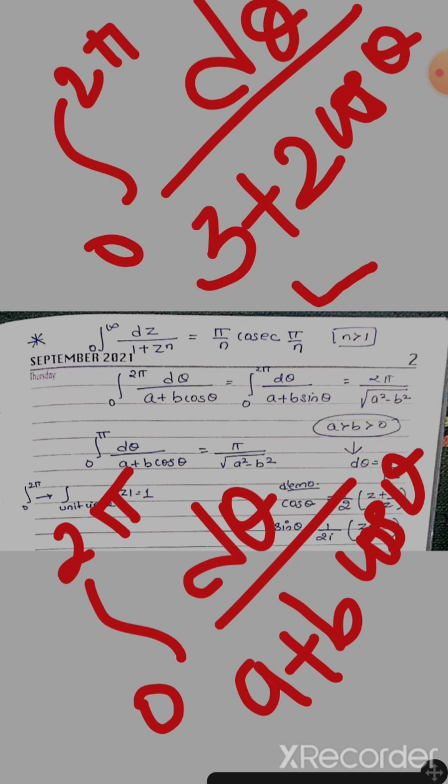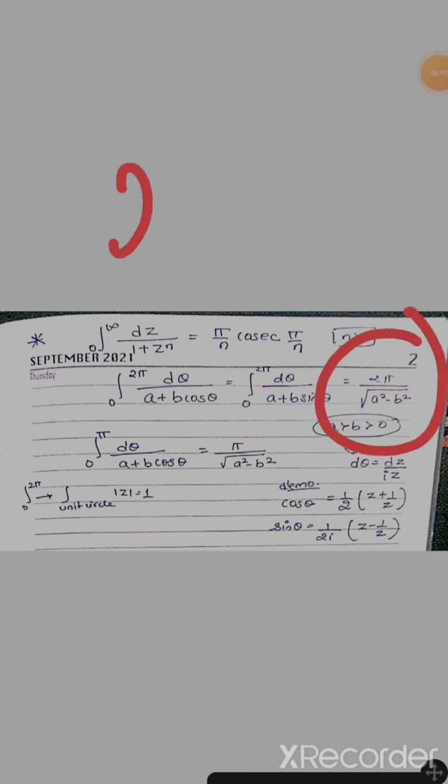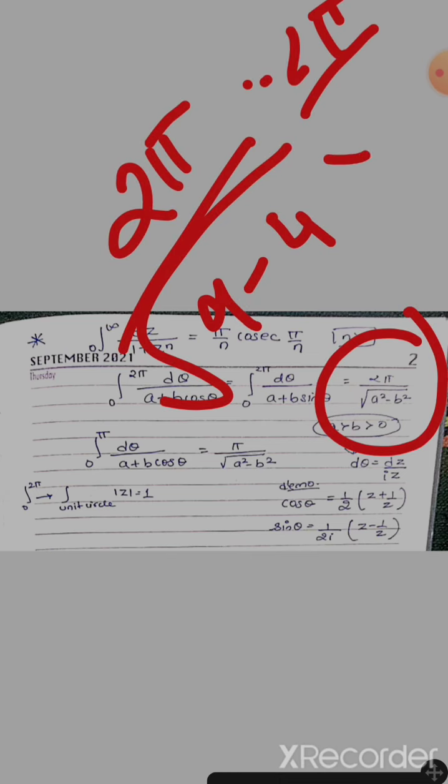If you have equations like this, for cos theta also, for sin theta also, you have the value 2 pi by root of a square minus b square. Just directly take this. Here I took 3 and 2, that is 9 minus 4, so you will get 2 pi by root 5. This will be your answer.